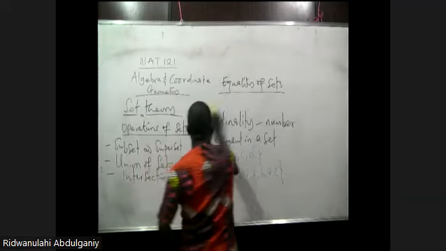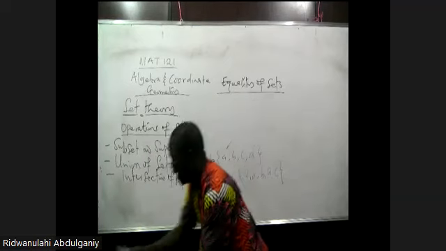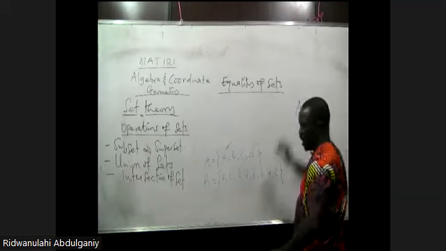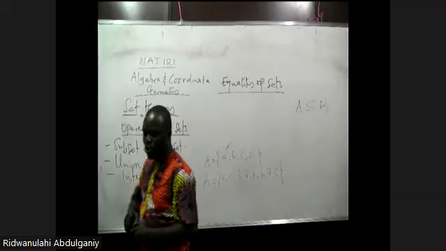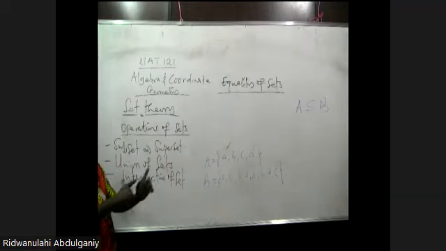Therefore, I can now say that in this context, A is a subset of B, just like what Ajayi told us in the chat room, that both sets are subsets of each other.